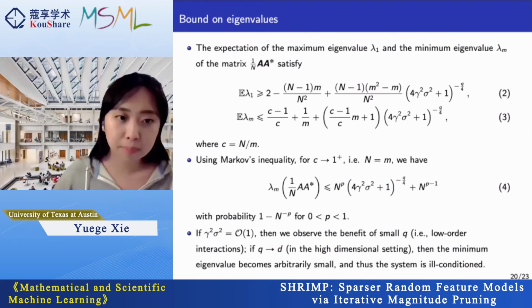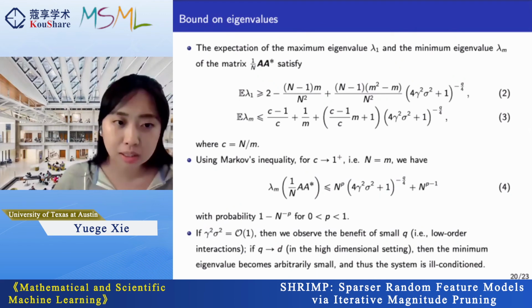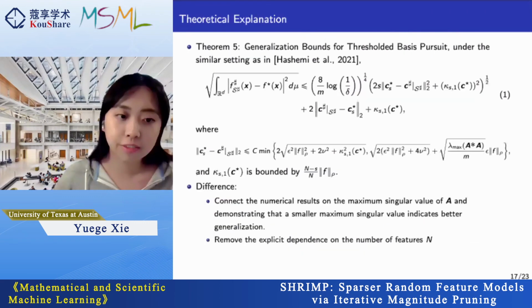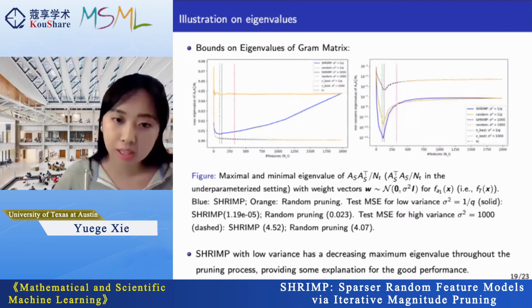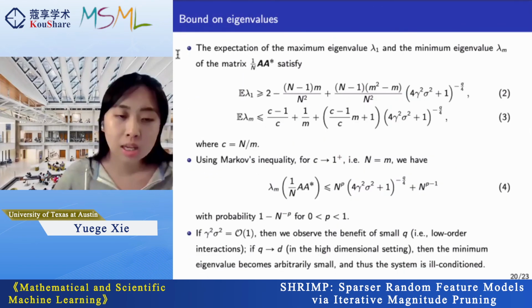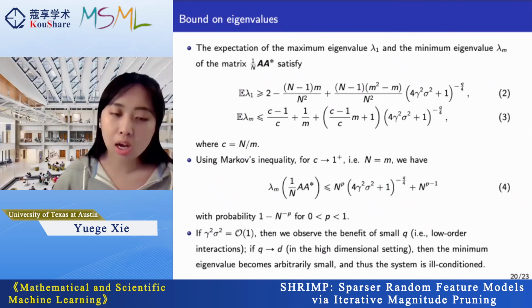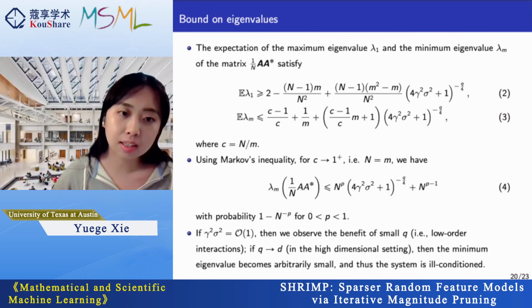So above are some theoretical understandings from the perspective of the generalization error and also the bound on the eigenvalues of the Gram matrix. That provides some insights into why SHRIMP can have better or comparable performance than the original fully connected network and have a much sparser estimator.